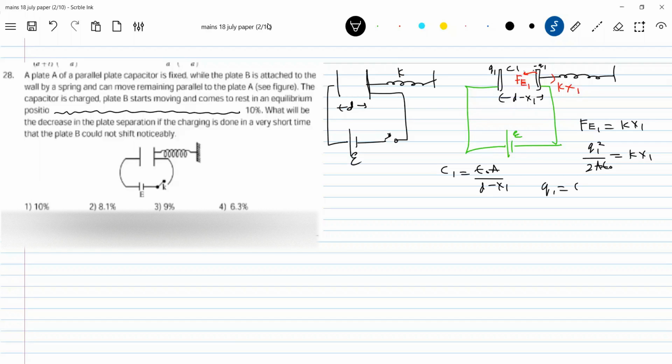Therefore Q1 is equal to C1 into E, as E is given. So this value of Q1 I'll substitute there. So this will be epsilon naught A E by D minus X1, whole square, by 2A epsilon naught, equals Kx1.